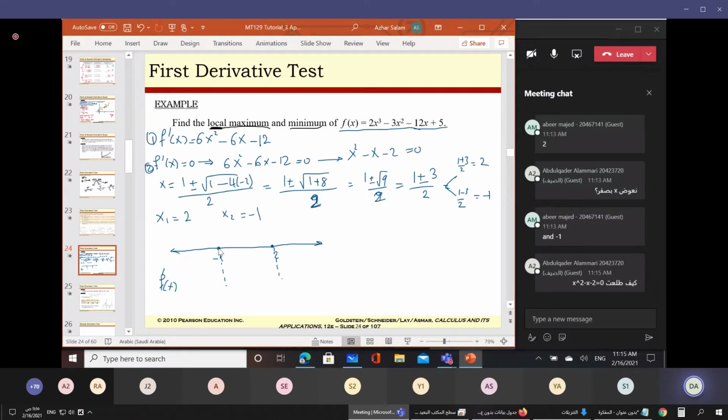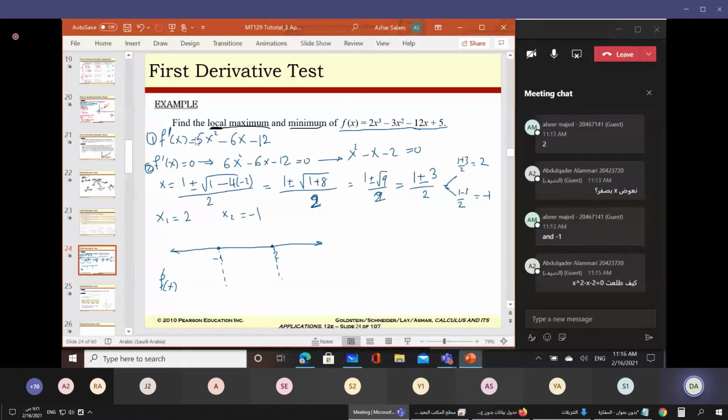Here I will choose minus 2 to substitute in f dash. Notice here that I find the sign of f dash, the derivative, to find whether it is positive or negative. I substitute in the derivative, not in the function, to find the increasing or decreasing interval.